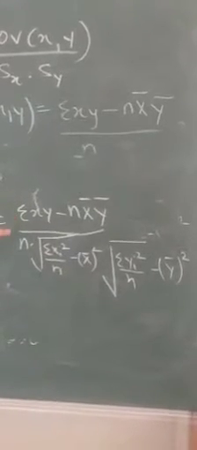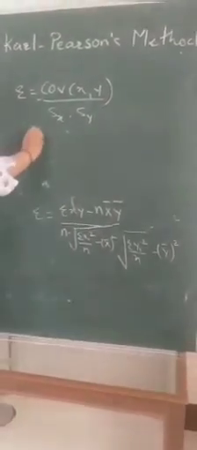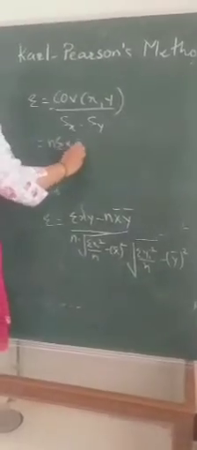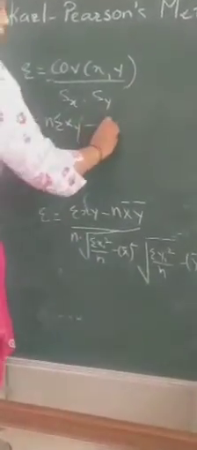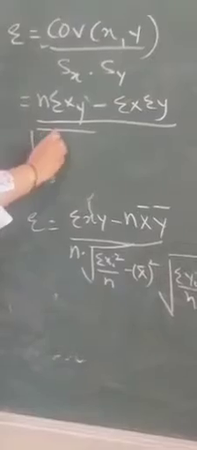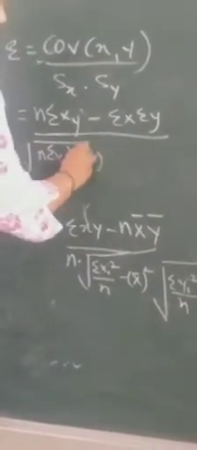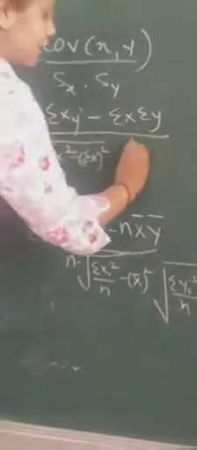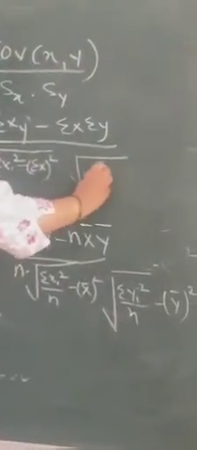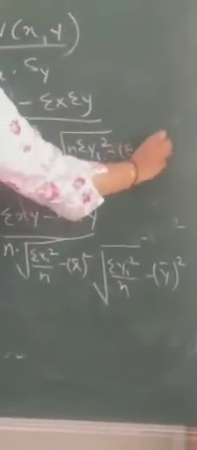If I solve the numerator and the denominator, the resulting formula for the correlation coefficient becomes n summation xy minus summation x summation y upon square root of n summation xi square minus summation x whole square into square root of n summation yi square minus summation y whole square.